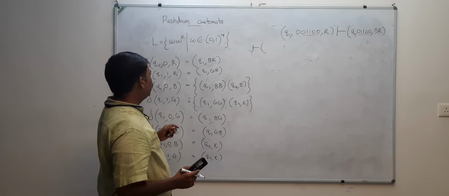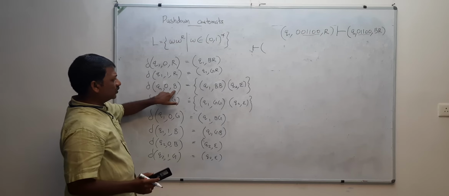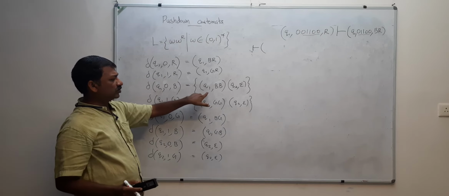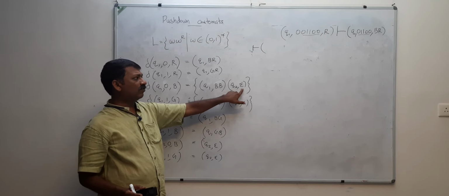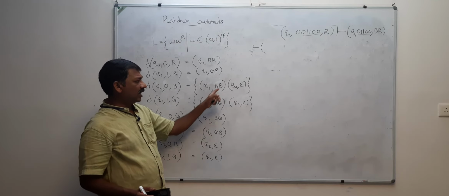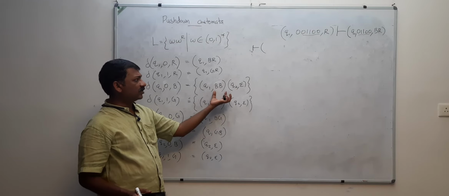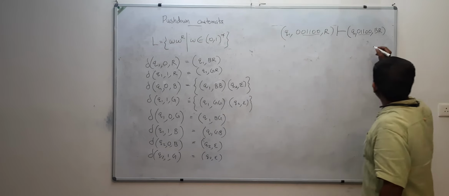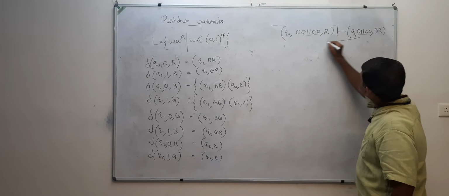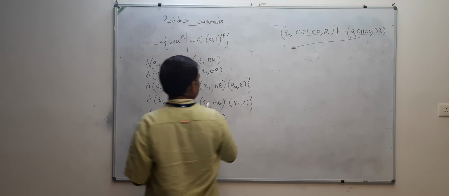Q1 on 0, and if blue is on top, now you have two possibilities. Either you can add a blue plate or you can remove a blue plate. That means here you have two possibilities. One possibility is you are adding a blue plate.